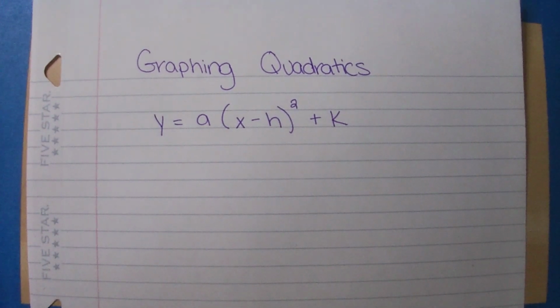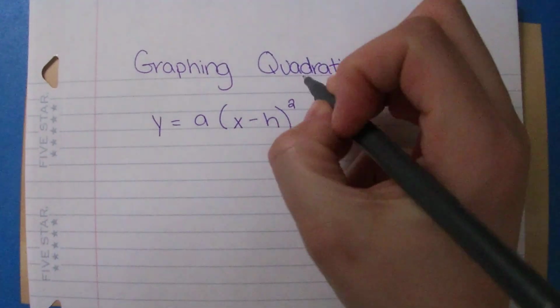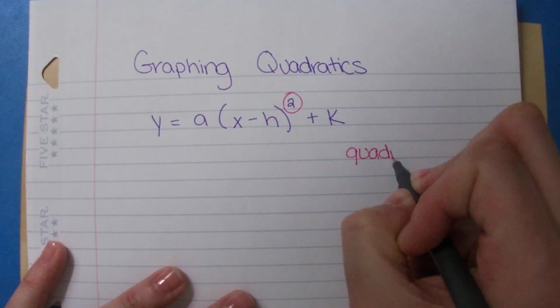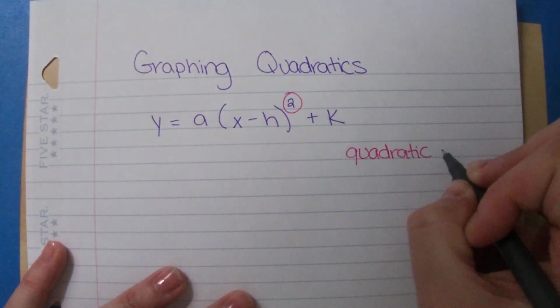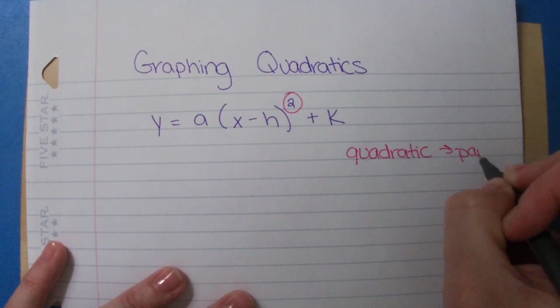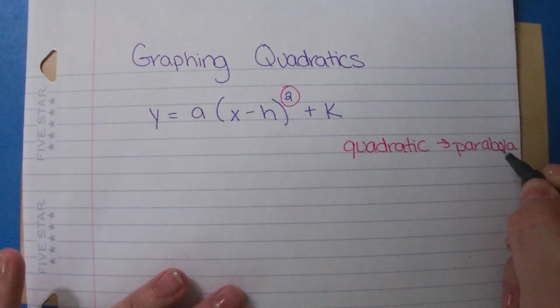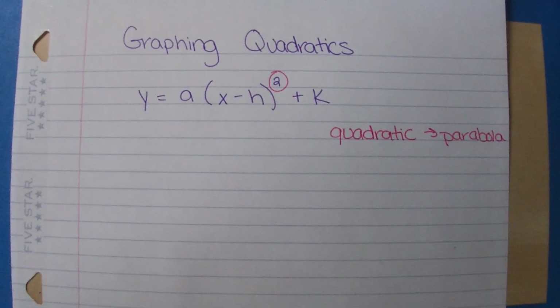Whenever we are dealing with quadratics, we know what they will look like. Just like anytime we're dealing with a linear function, we know that it will be a line. Anytime that we are dealing with a quadratic or a degree of 2, the graph will always be what we call a parabola. It kind of looks like this.